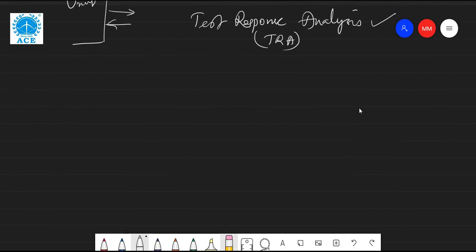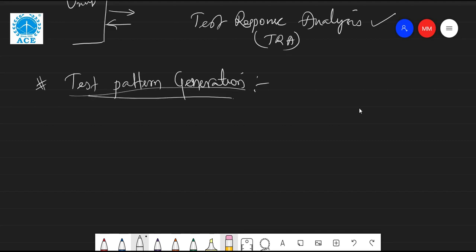This is also classified into three types. First one in BIST test generation. I'm discussing it briefly. Test pattern generation is classified into three types.